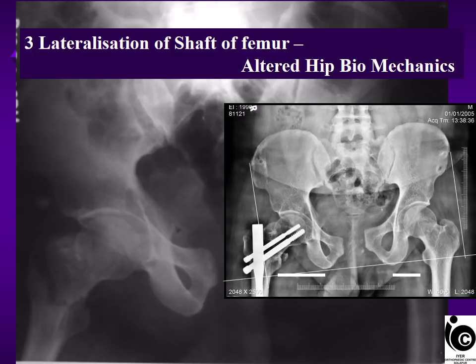Normally, as you can see on the normal side, the line which comes from the outermost part of the iliac crest, when it is dropped down, the center is contained within that. Whereas on the operated side, you can see that the trochanter has got lateralized.